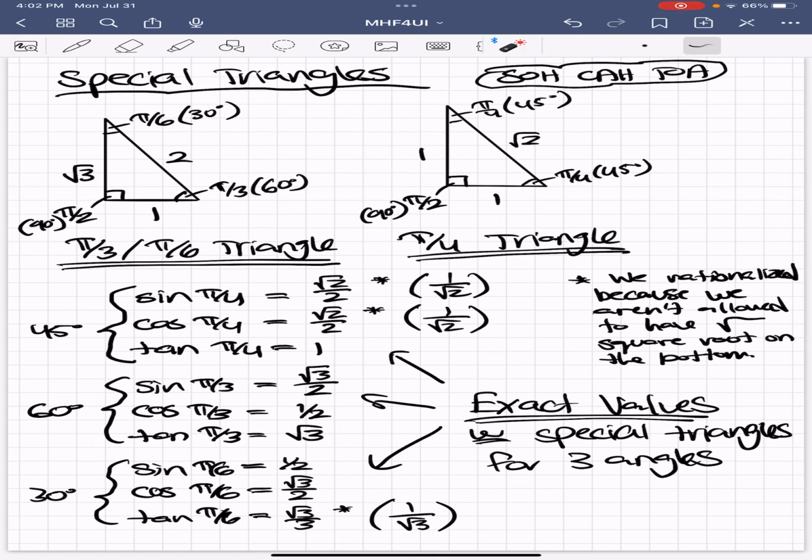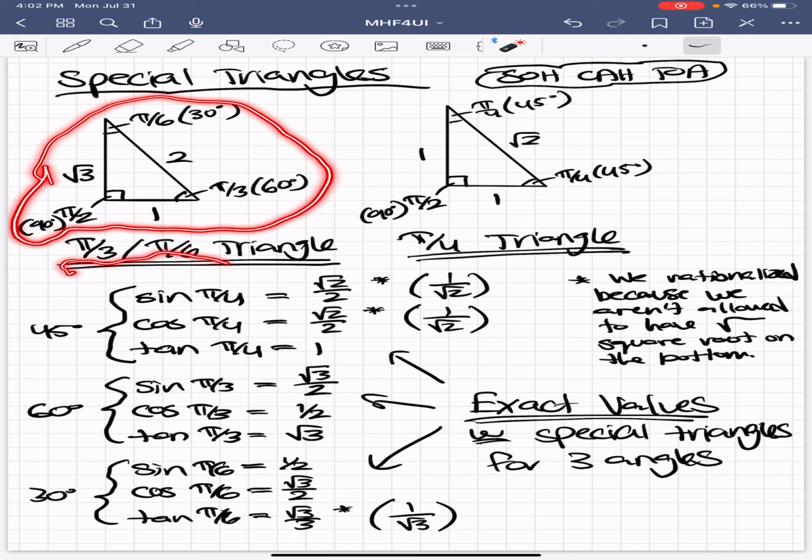So I'll give you a minute to write both of these triangles down. We have pi over 6, pi over 3, pi over 2, and then we have 2, 1, and the square root of 3. So that's triangle 1.